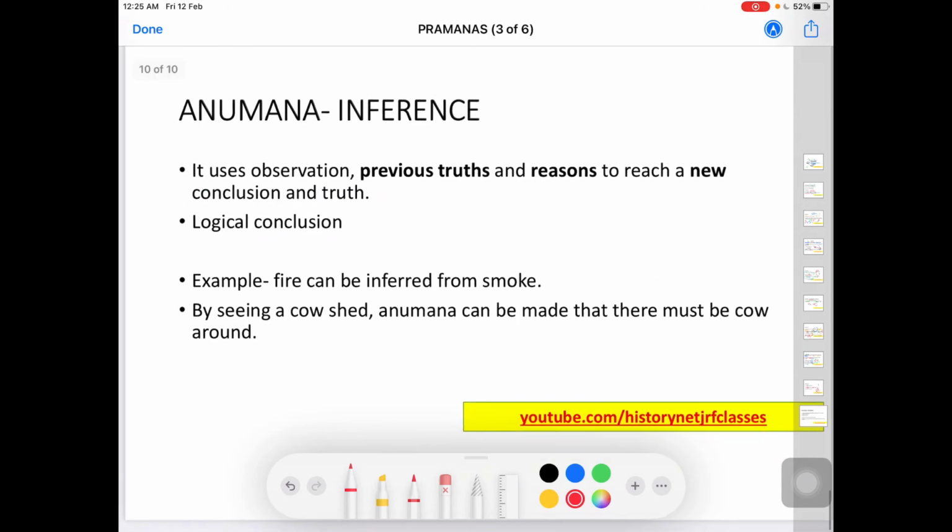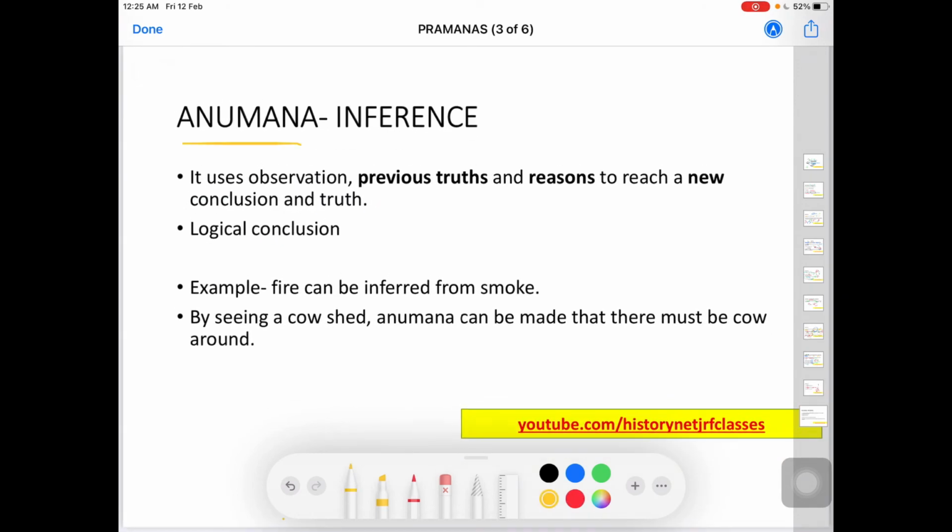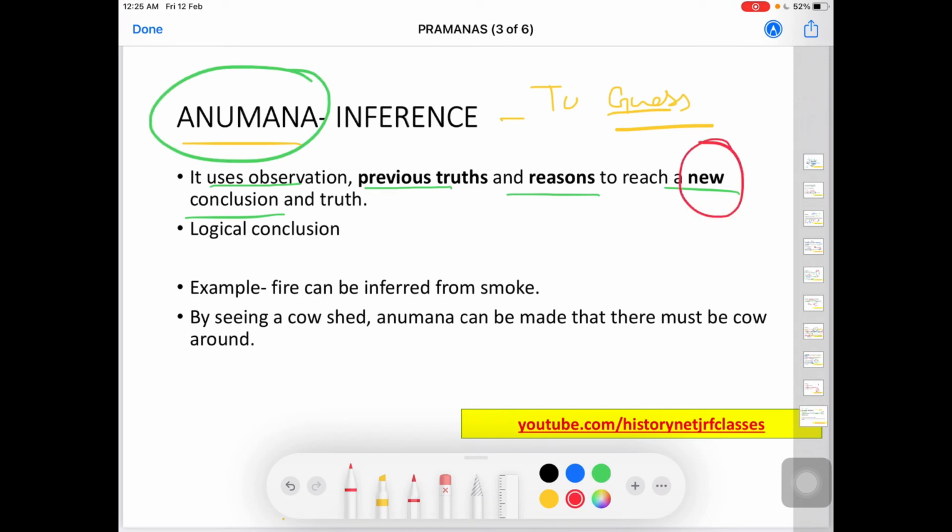Next is Anumana. Anumana means to make a guess, to guess something. It uses observation, previous truths and reasons to reach a new conclusion. So under Anumana, we are always going to have a new conclusion, and that new conclusion can be drawn with the help of observation, previous truths and reason. Anumana is related to logical conclusion, that whatever conclusion we draw, it has logic, it has reason.